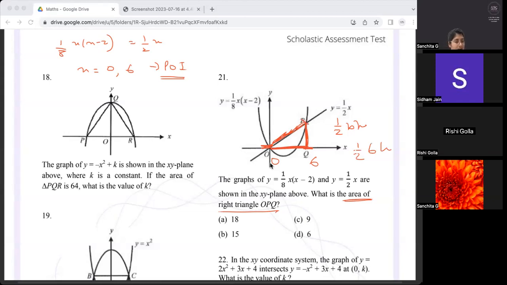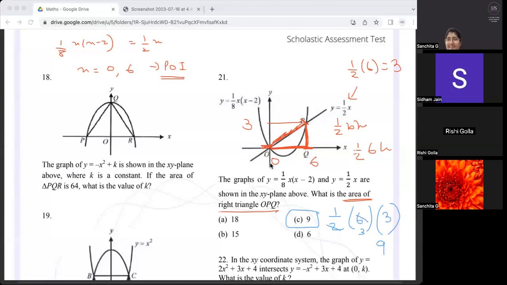Half times 6, so it's 3. So PQ is 3. Half, base is 6 and height is 3. What will I get? 9. Any doubt?